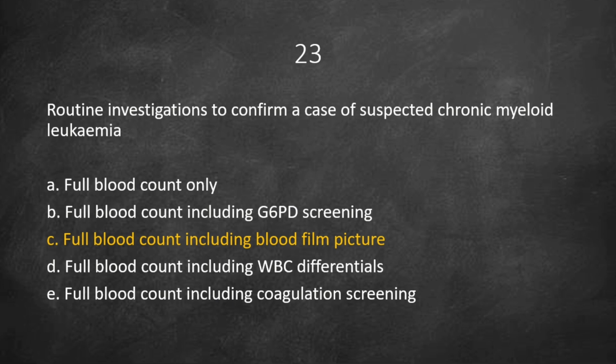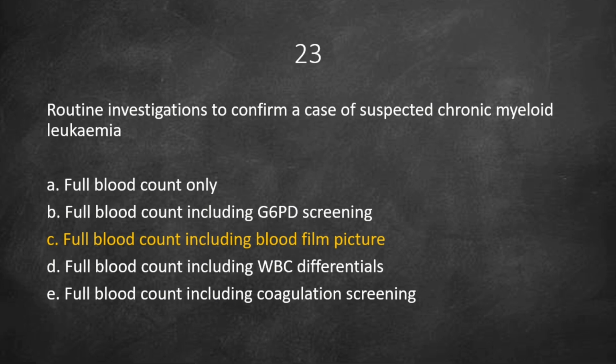Full blood count including blood film picture, which gives us more information. If you do only a full blood count, this is a general diagnosis of leukemia, but it alone will not provide enough information to confirm the diagnosis, so you need the blood film too.